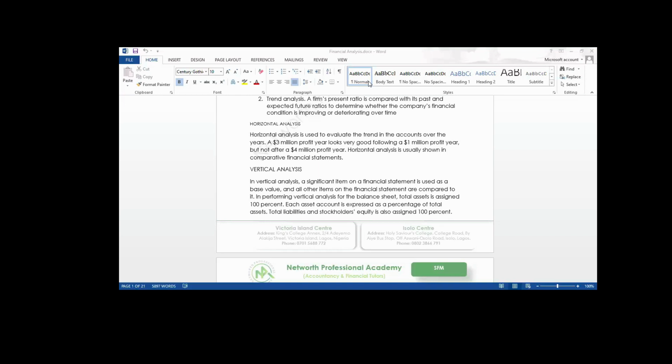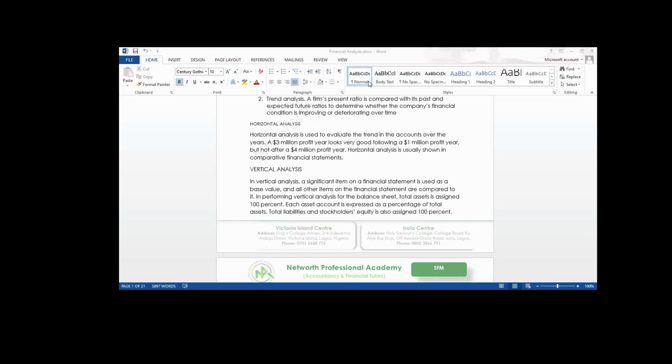Remember, under the accounting principle, for every debit entry, there must be a corresponding credit entry. Also remember, what are the components of the income statement?